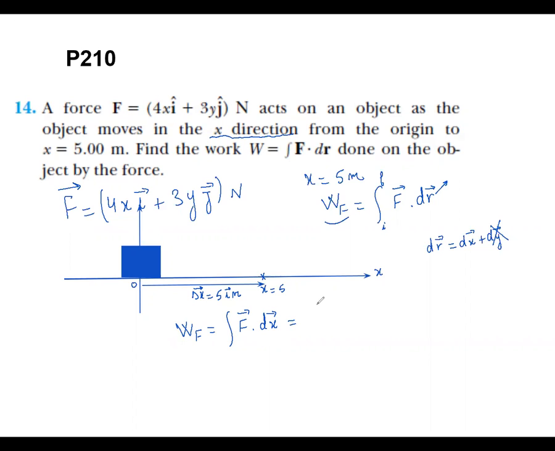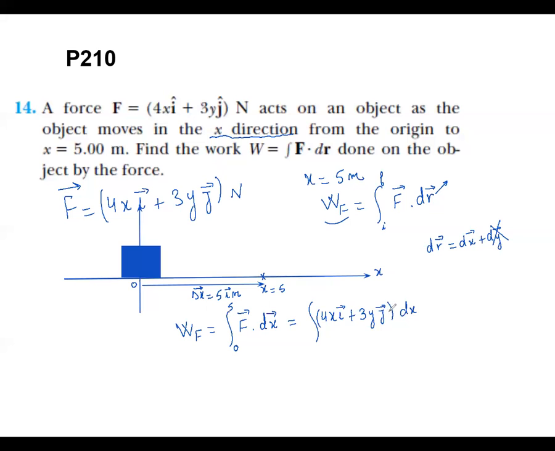We get the integral, with dx between 0 and 5, of the value of F, which is 4xi plus 3yj Newtons, times dx.